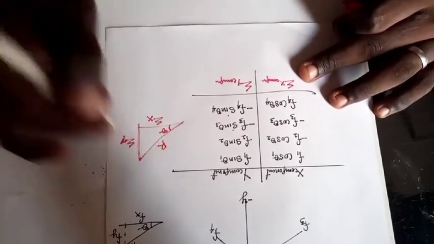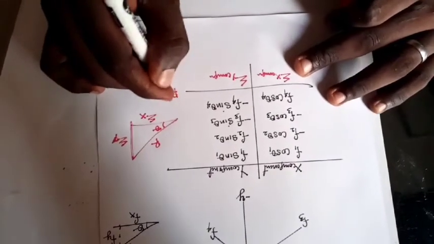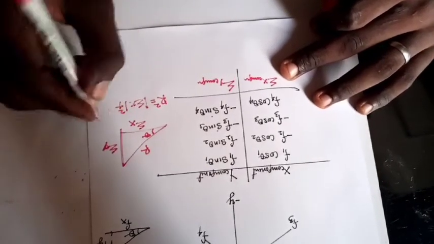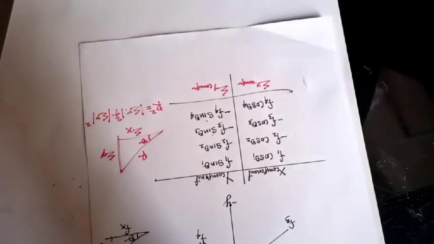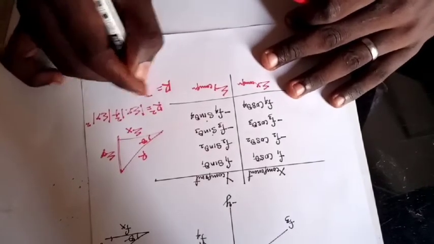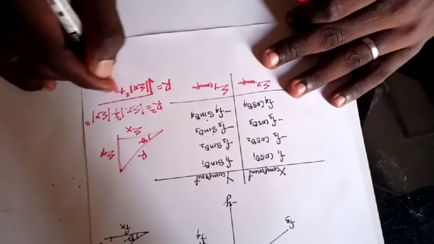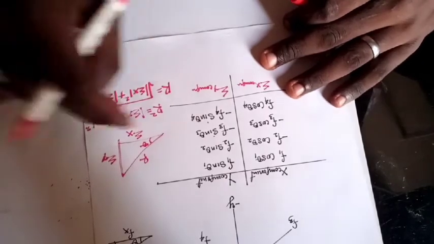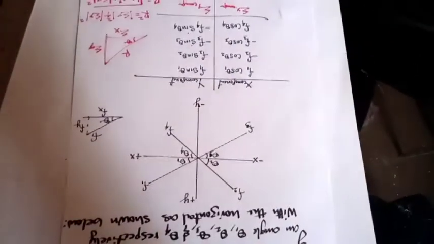So we then have to look for the resultant. Hence, the resultant r square is going to be the summation of x square plus the summation of y square. So we can then have that r is equal to the square root of the summation of x all square plus the summation of y all square. Whatever result you have here is the resultant of the four vectors.